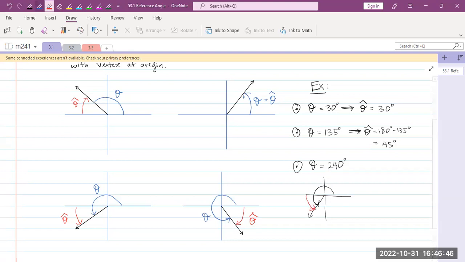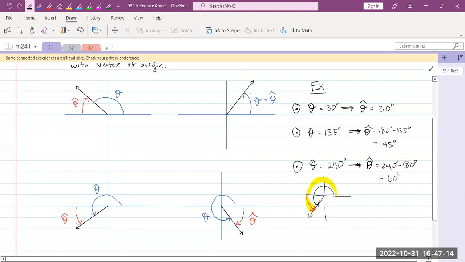Now notice that this part here is 180 degrees. 180 degrees plus the reference angle should be 240. So theta hat must be 240 minus 180 degrees, which is 60 degrees in this case. That's the reference angle.